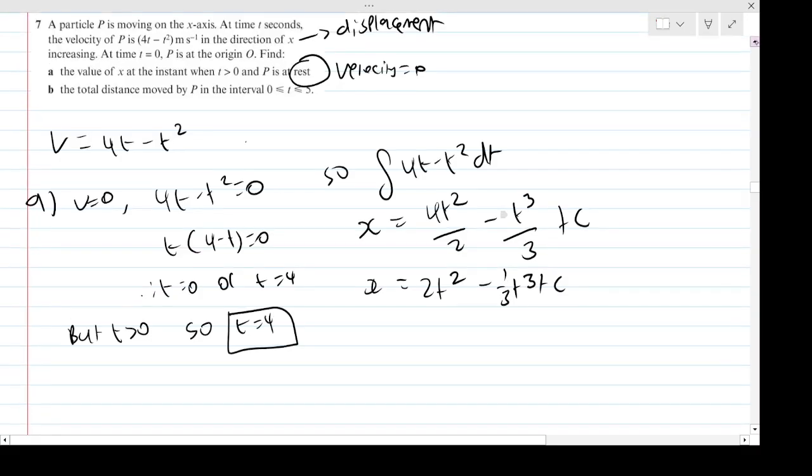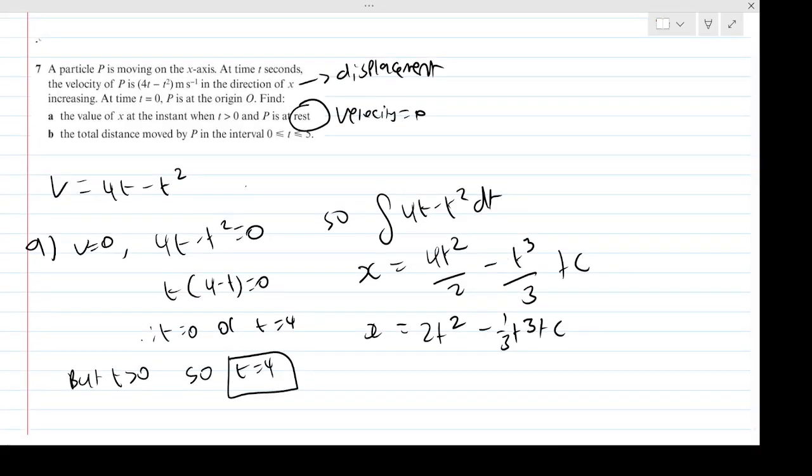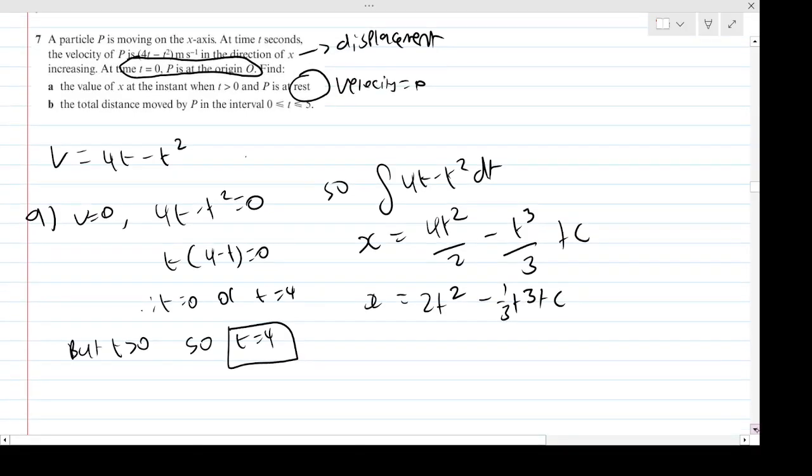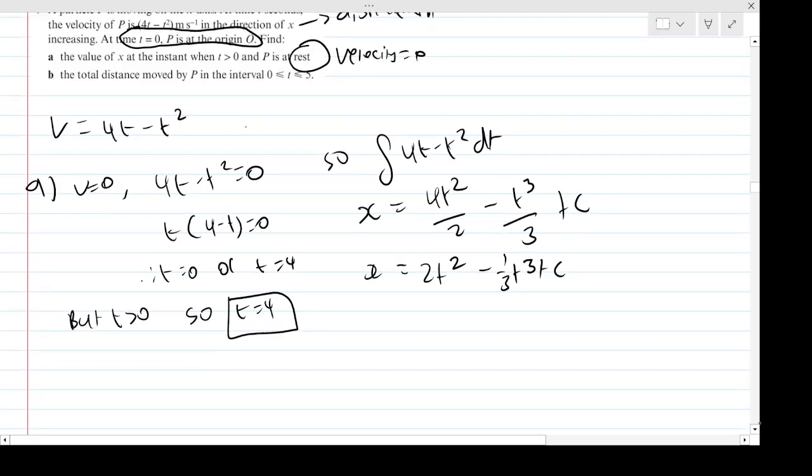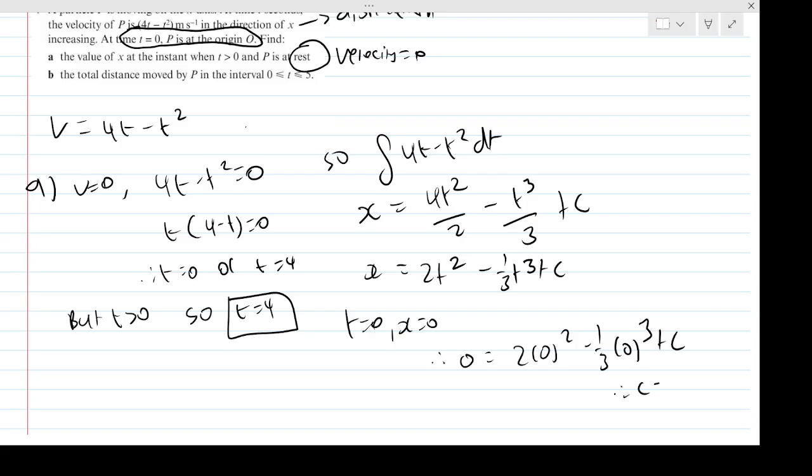So again, pay attention to any information they tell you. Well, here we're told at t equals 0, P is at the origin. That means x is 0. So the displacement is 0. So that means when t is 0, x is 0. So therefore, if we sub that in, that's 2 lots of 0 squared minus a third lots of 0 cubed plus c. Therefore c is 0.